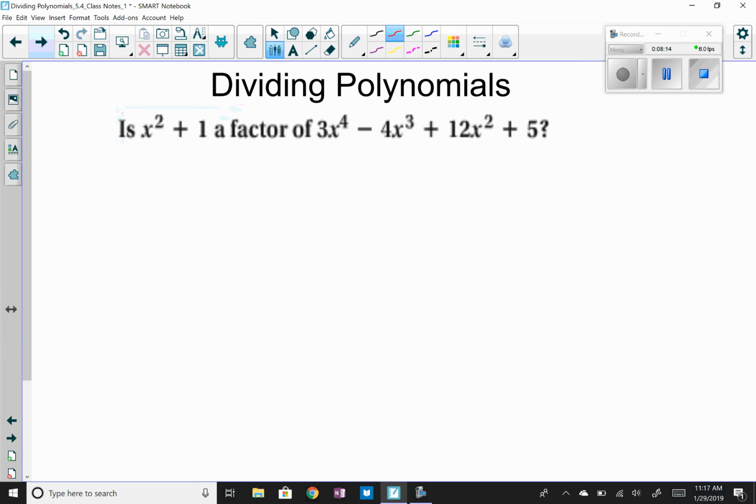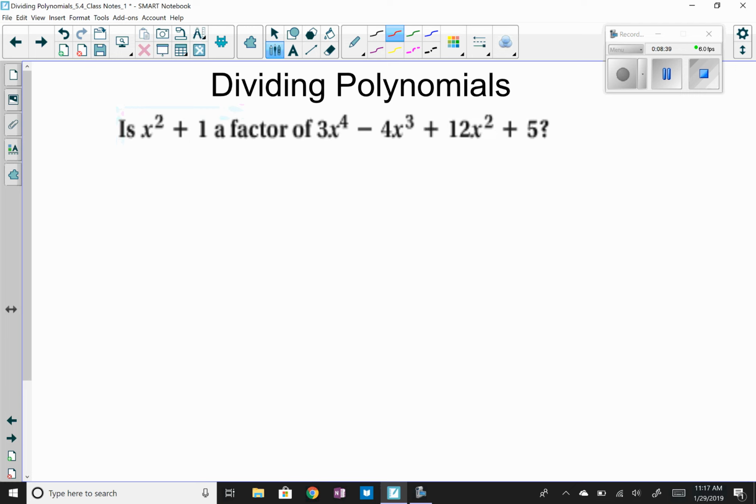Okay, so here's something that's a little bit different than what we looked at. You notice that you have an x squared plus 1. And if you think about it, what's missing is an x to the first power. So if there's something missing in the expression that you're looking at, because all the exponents need to be in descending order, if you don't see one, you have to create a placeholder for it.